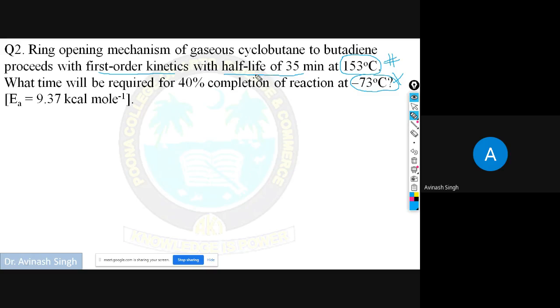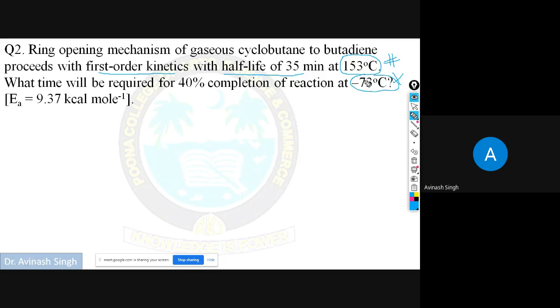So first, from this T half, because it's a first order reaction, we are going to calculate the value of K. That K rate constant value will be at 153 degrees centigrade or 426 Kelvin.